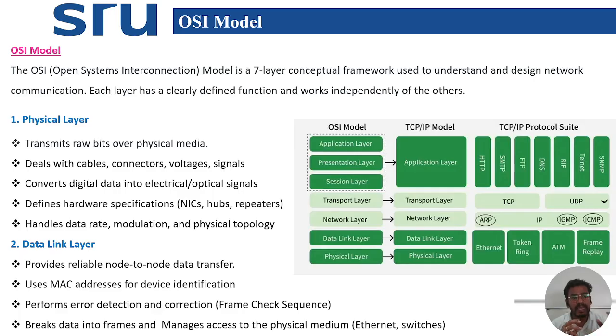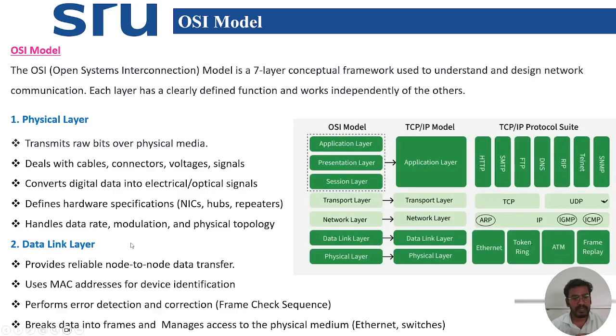It deals with cables, connections, and voltage as signals. It converts digital data into electrical or optical signals, then defines hardware specifications like NIC, hub, and repeaters. It handles data rate, modulation, and physical topologies.